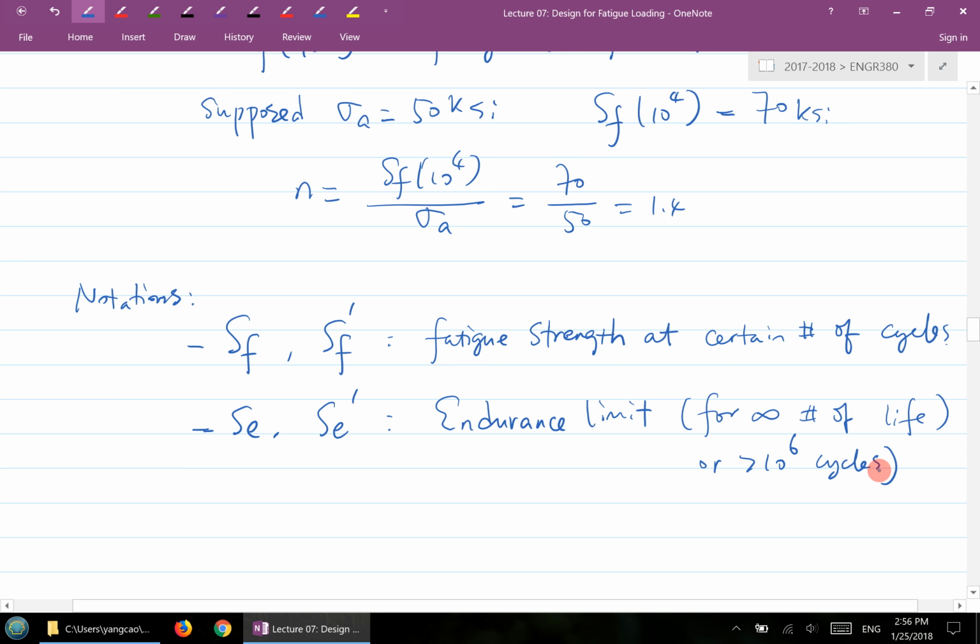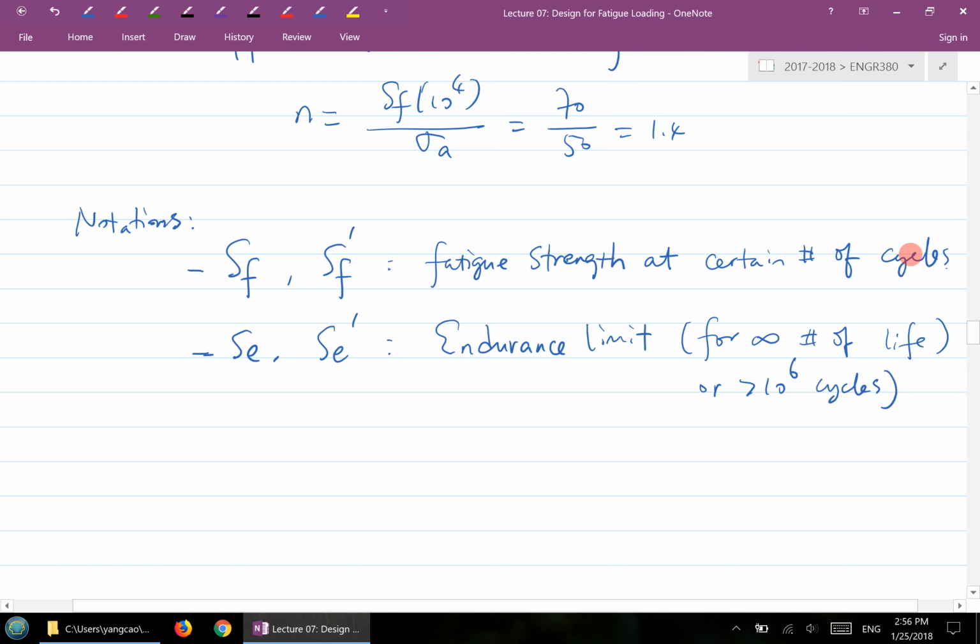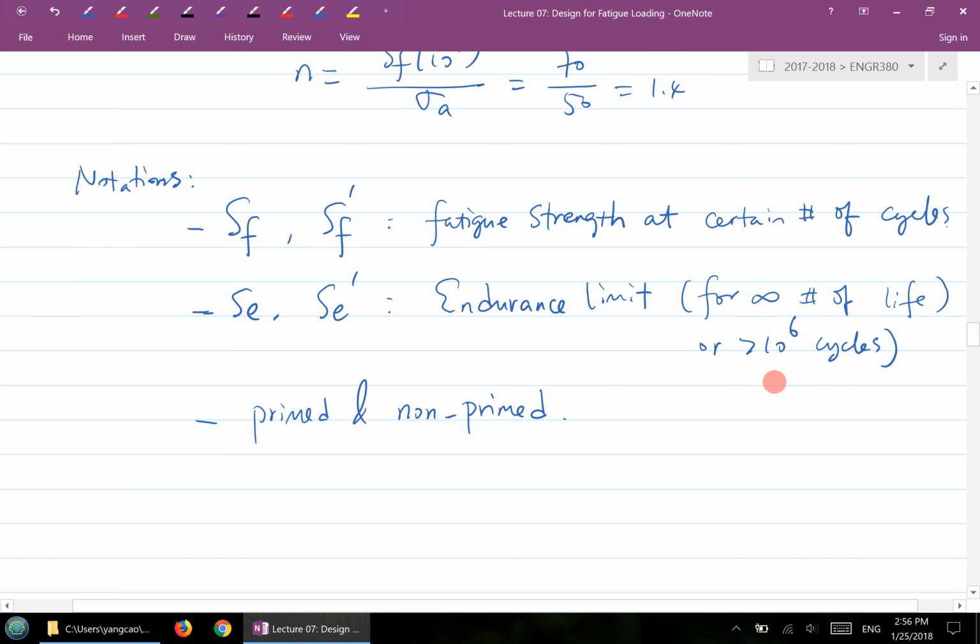Now the difference here: you have a prime and you have a non-prime. So there's SE, SE prime, and there's SF, SF prime. The difference is that SE prime or SF prime is a primed variable.